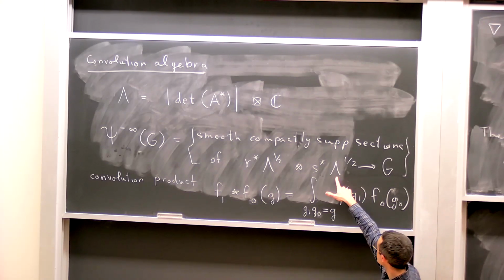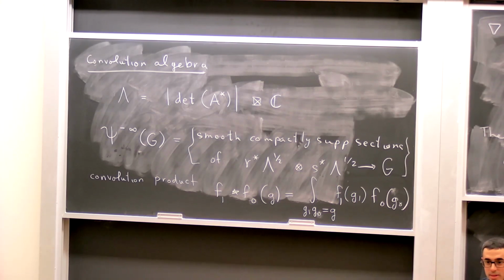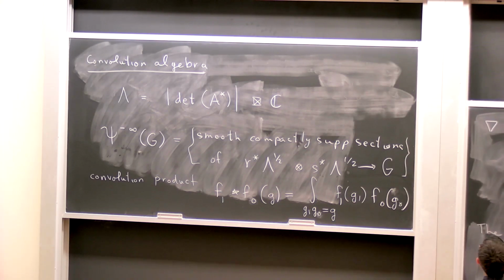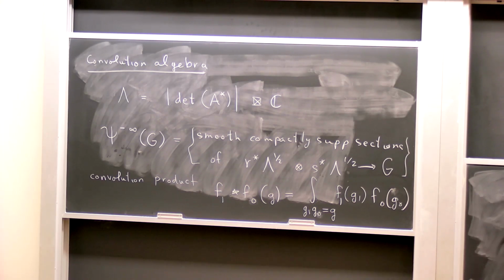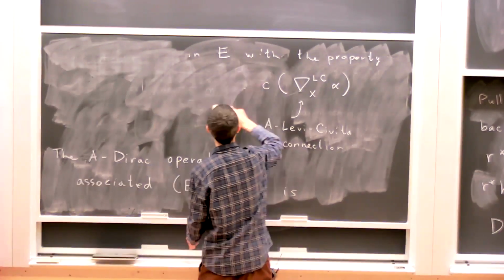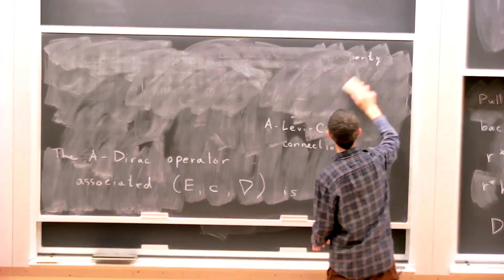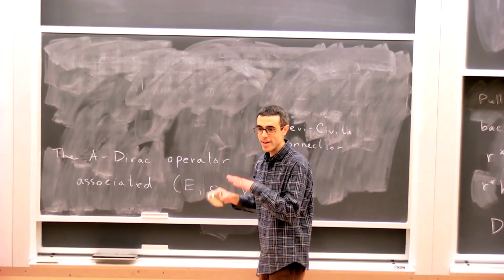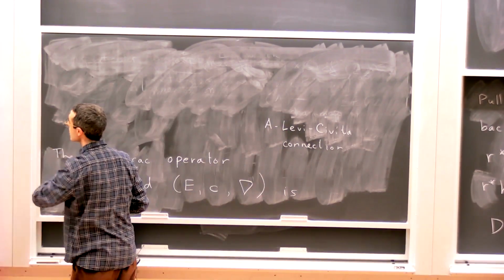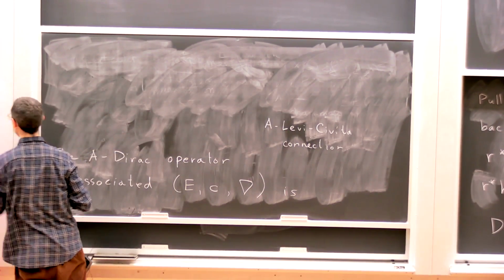So this is some line bundle over G that needs to be a density. It takes maybe a couple minutes of staring at it to check that all the densities work out, and it's really exactly the thing you need in order to be able to integrate over this set.